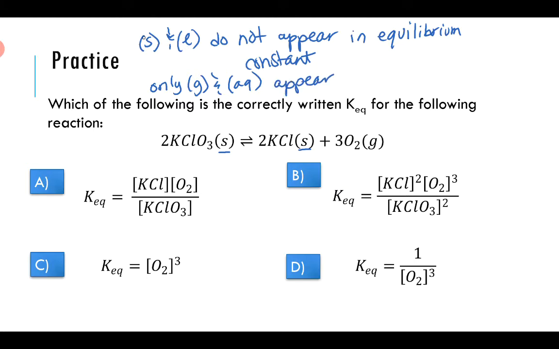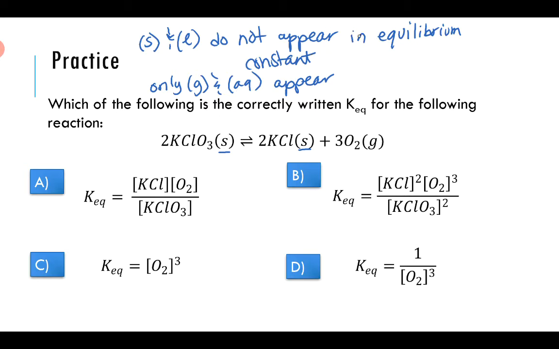And that's because our solids and our liquids are readily available, evenly distributed, most likely, in our chemical equation. And so it's really our gases and our solutions where we have to worry about how spread out they are and whether our reaction can continue to happen. So solids and liquids do not appear in equilibrium.